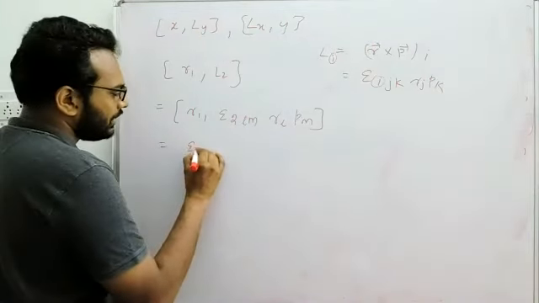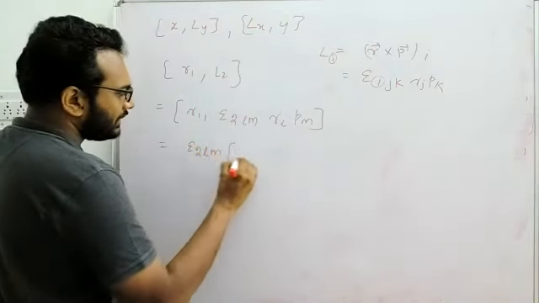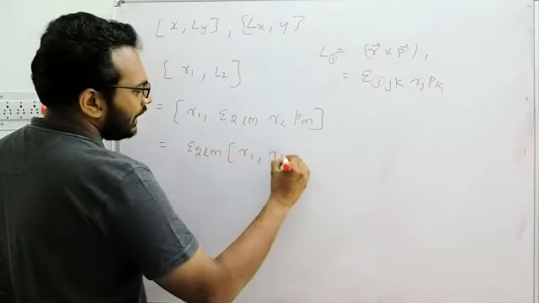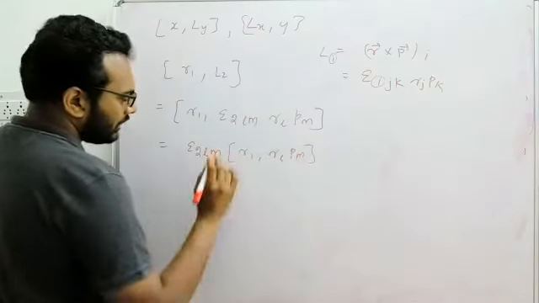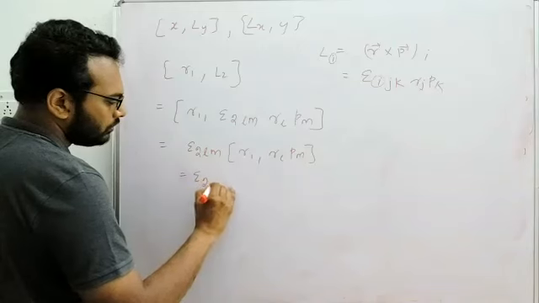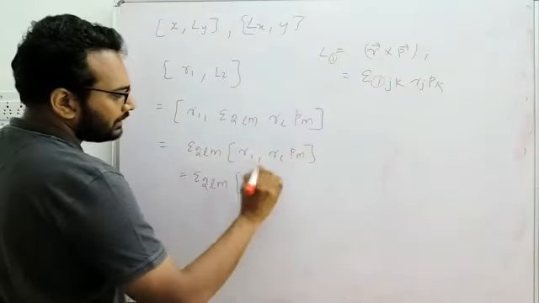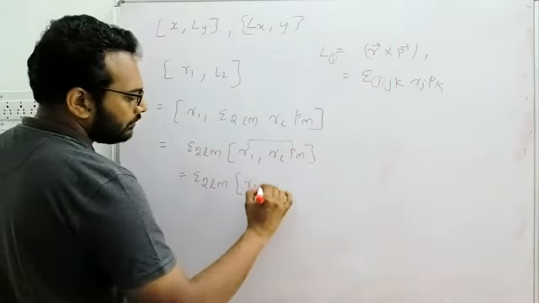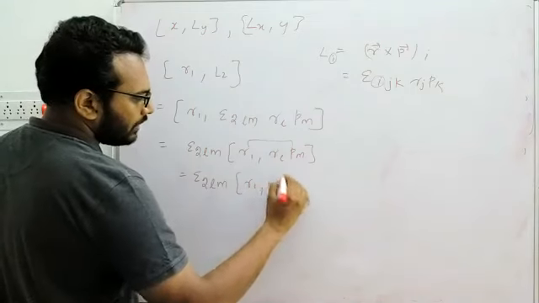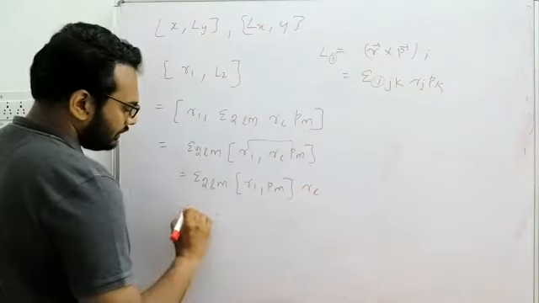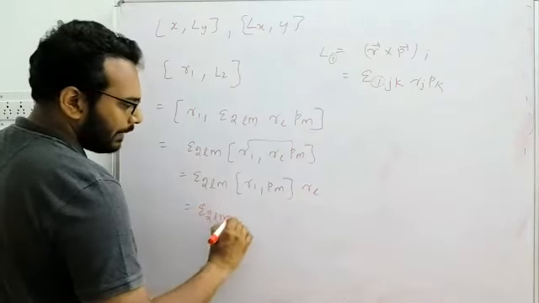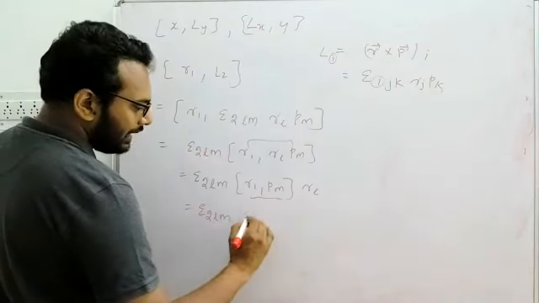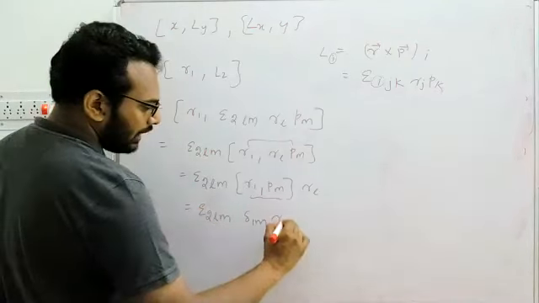This is equal to, you can take epsilon 2 Lm outside, R1 with RL Pm. Take only the non-zero term now. This is R1 with Pm, and there's this RL there. So this is equal to epsilon 2 Lm, delta 1M, RL.